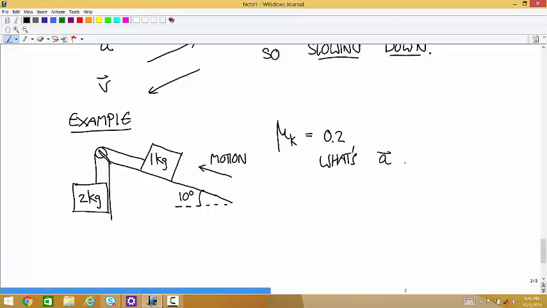So let's calculate the acceleration vector. And second, figure out if it's speeding up or slowing down.